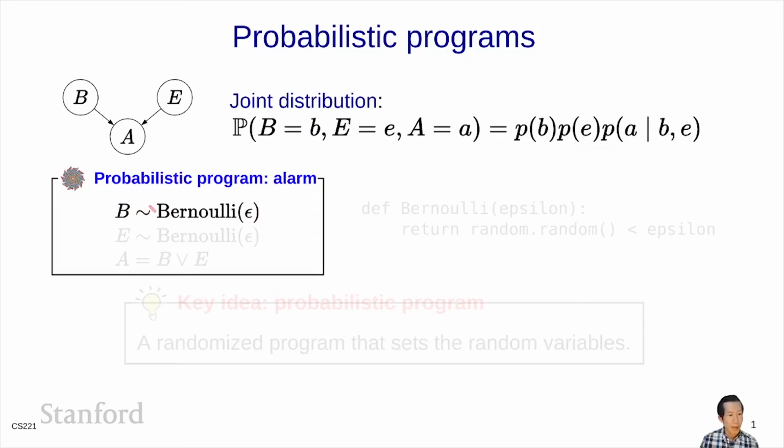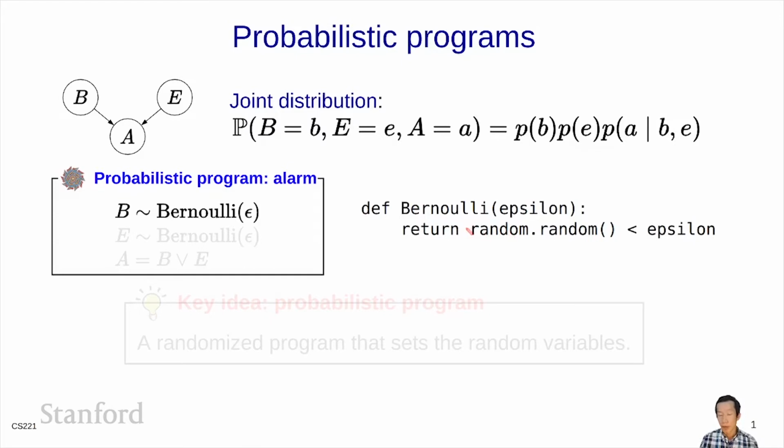You can think about the Bernoulli as just a function that takes an epsilon and returns 1, or true, with probability epsilon. So B is going to be set to 1 or true with probability epsilon. I'm going to independently do the same for E. And then finally, I'm going to set A equals B or E.